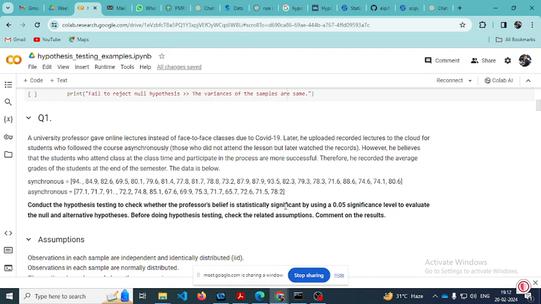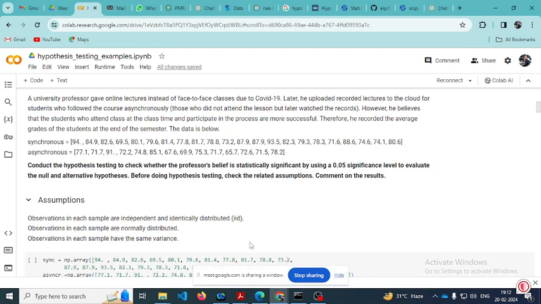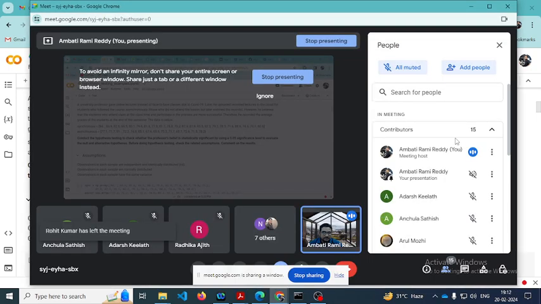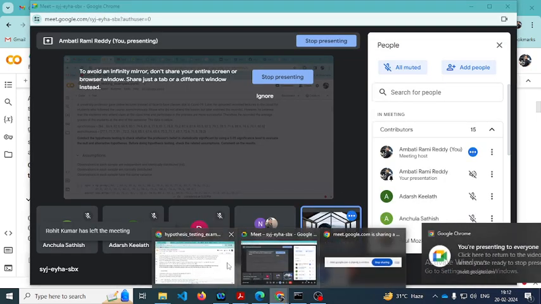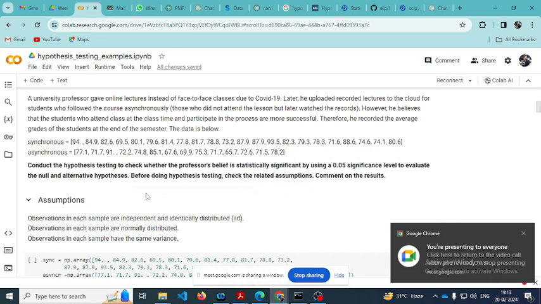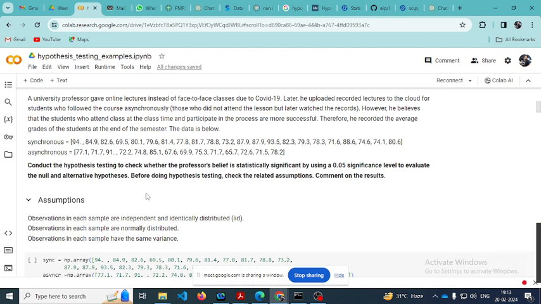We have two groups. Then we try to conduct hypothesis testing based on this problem, to check whether the professor's belief is correct. He believes that the students who attend class at class time and participate in the process are more successful than asynchronous students.